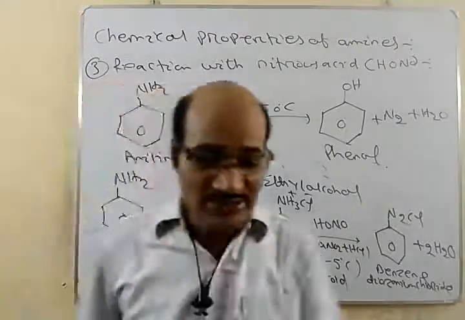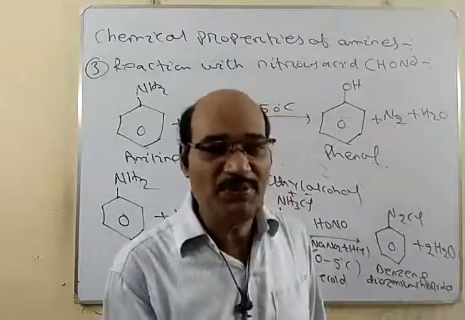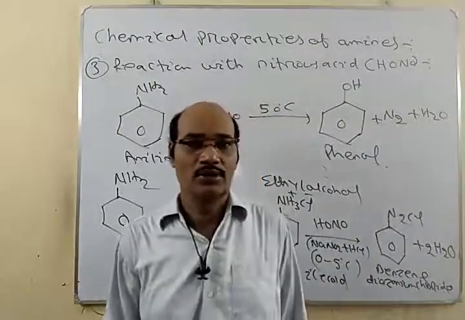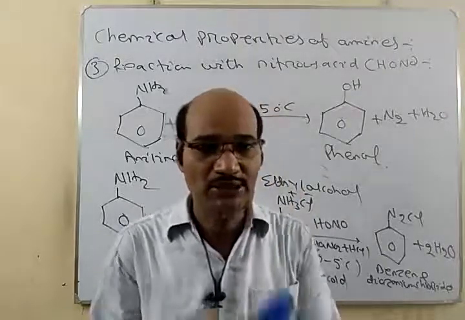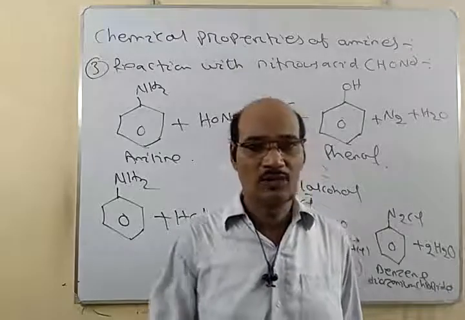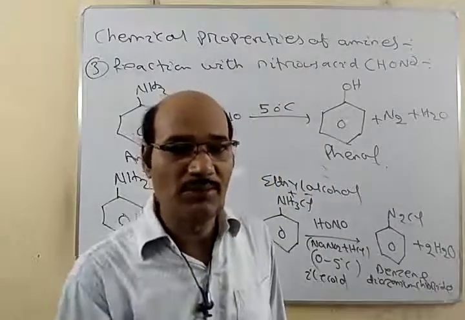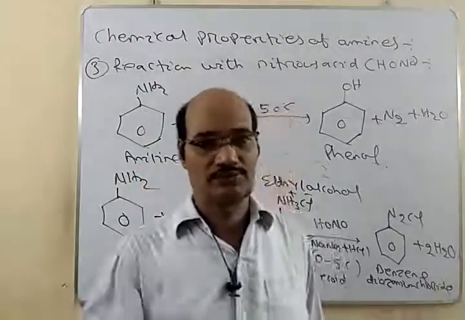Okay, so three things are different here. If you take a primary aliphatic amine with nitrous acid, HONO, from NaNO2 and HCl at low temperature, we get a primary alcohol with evolution of nitrogen gas.